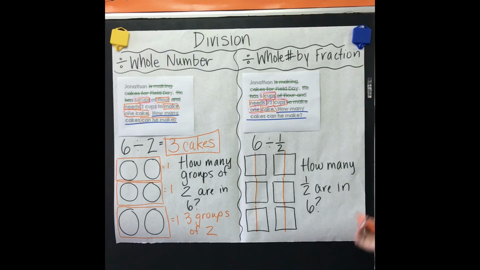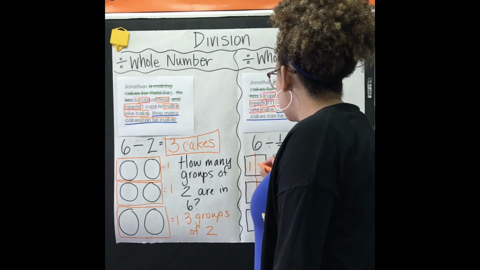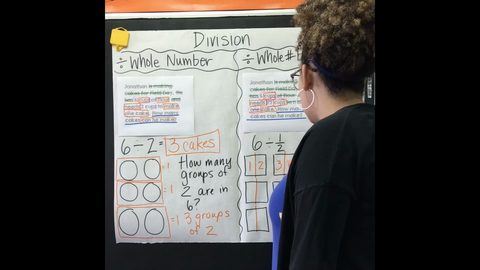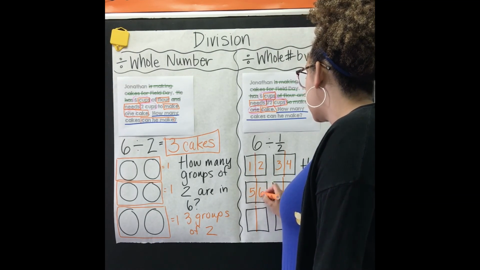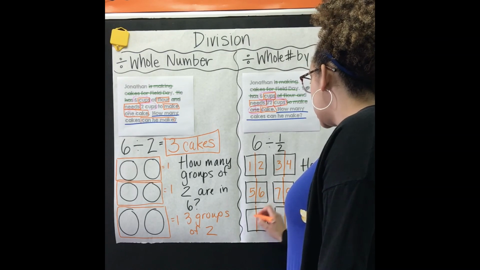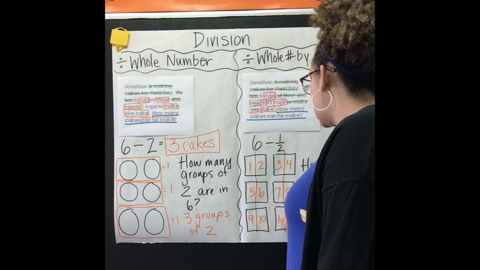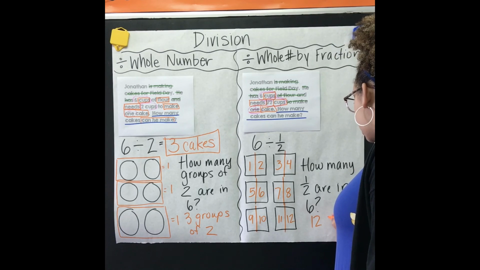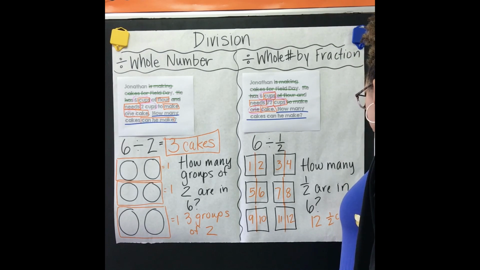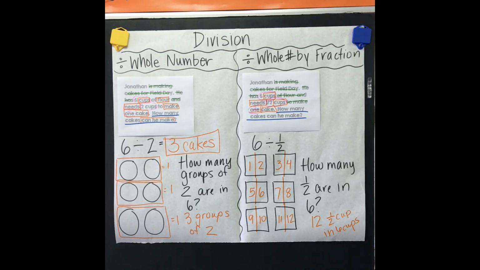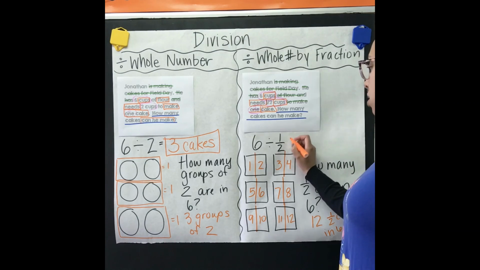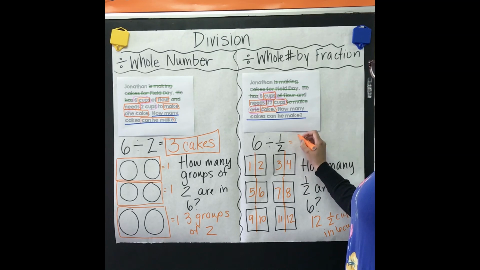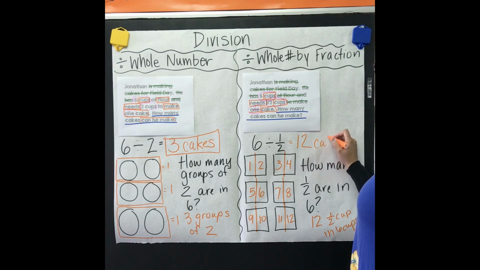Now we count up how many halves there are: 1, 2, 3, 4, 5, 6, 7, 8, 9, 10, 11, 12. There are 12 half cups in 6 whole cups. So our answer is, Jonathan can make 12 cakes.